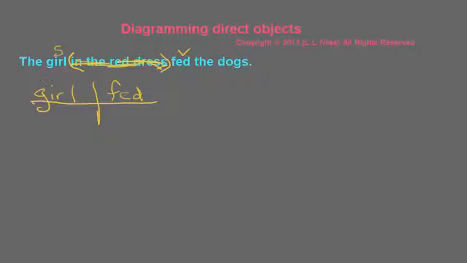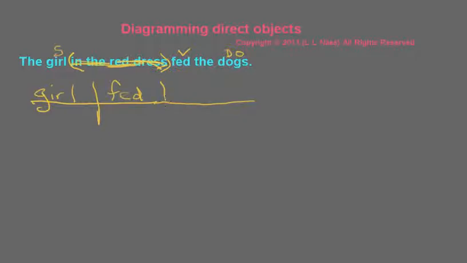Now, we're going to take it one step farther than we did in the last video. We're going to ask, girl fed whom or what? That's strictly whom or what, nothing else. Do we get an answer? And we go, why yes, we do. Girl fed dogs. We have a direct object and it goes right off the end of the verb because direct objects belong to particular verbs.